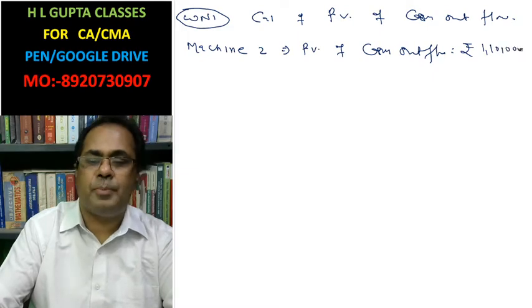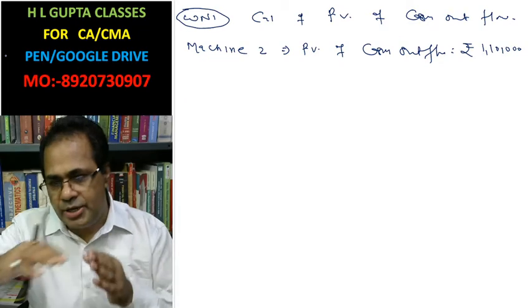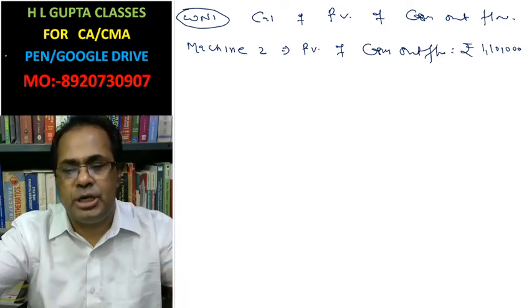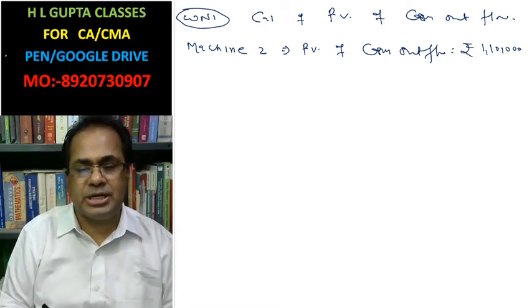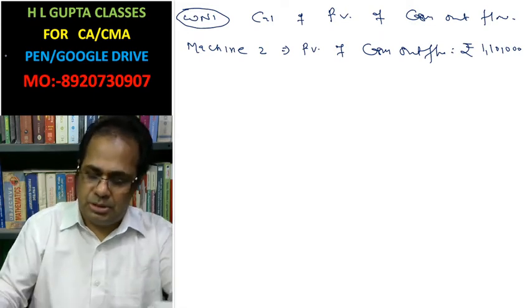We are taking opportunity cost because if we continue machine Z, we have an opportunity loss of rupees 1,10,000, since the current sale price of machine Z is rupees 1,10,000.